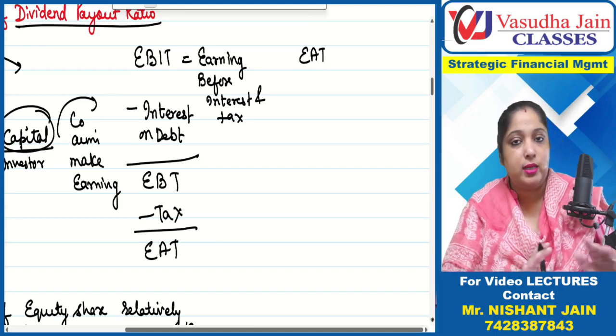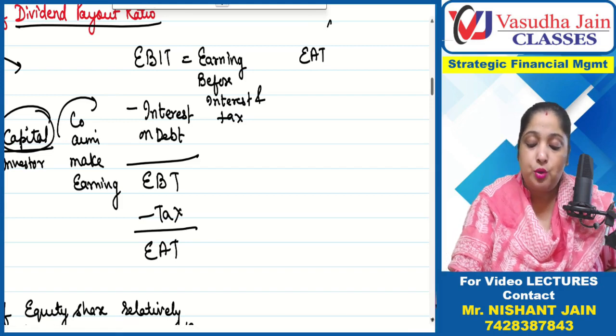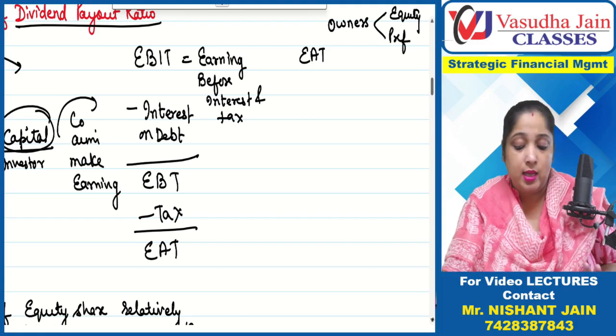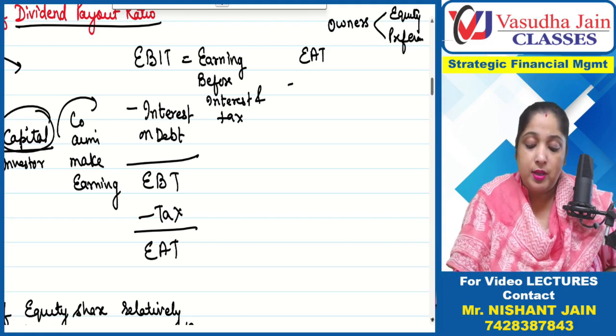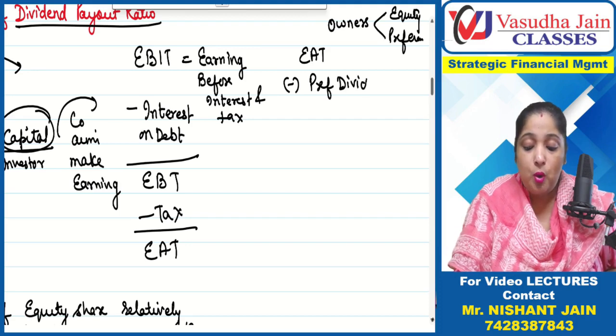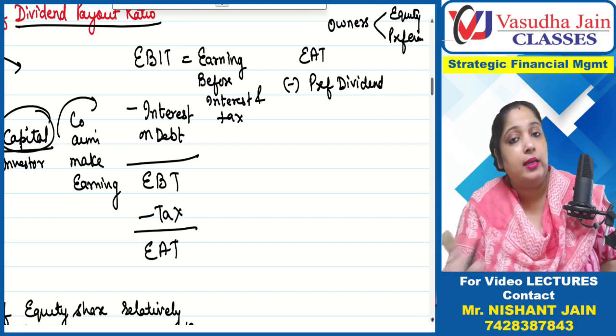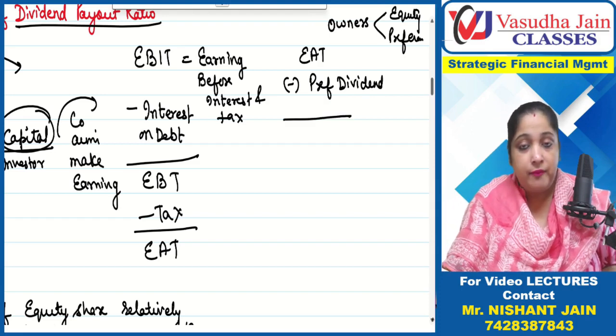Now government has got its dues. Now this earning belongs to owners. Now there are two owners. First is your equity shareholders and another is your preference shareholders who get preference while getting the dividend. So first they are paid the dividend, preference shareholders dividend. Now I hope you know preference shareholders dividend rate is prefixed. It doesn't change. So they will get a fixed income.